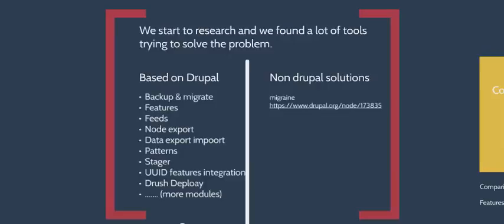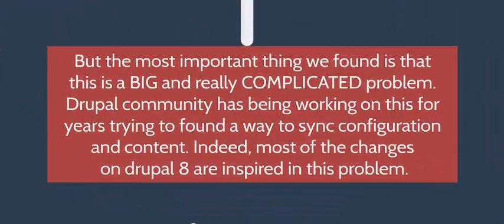But we also found that none of these modules solve the problem in a complete way. Actually, the most important thing we found is that this is a big and really complicated problem, and the Drupal community has been working on this for many years, trying to find a way to sync configuration and content.